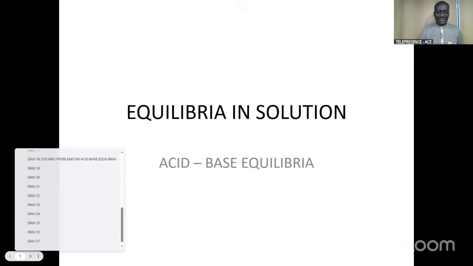And we can take advantage of that to determine the equilibrium constant. If it's an acid, we call that the acid dissociation constant. If it's a base, we call that a base dissociation constant. In our last lecture, we looked at Ka and pKa. So today, we'll be looking at base dissociation constant.